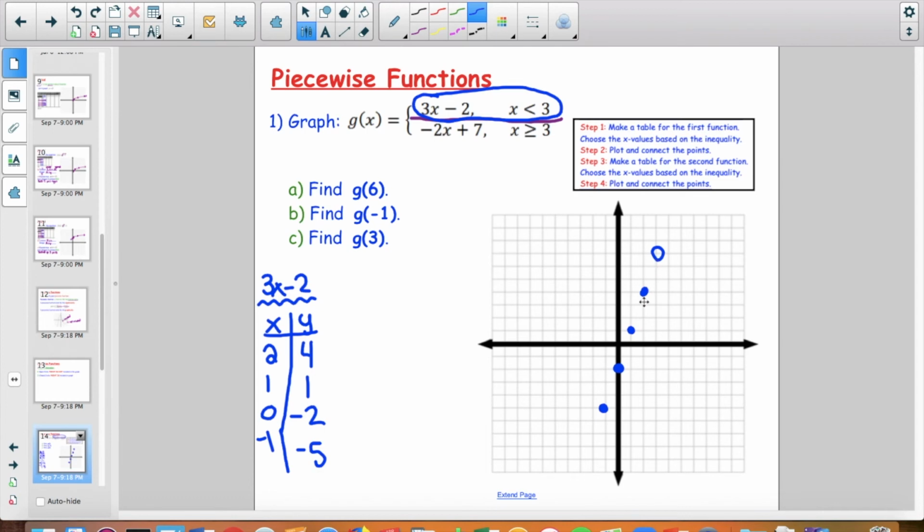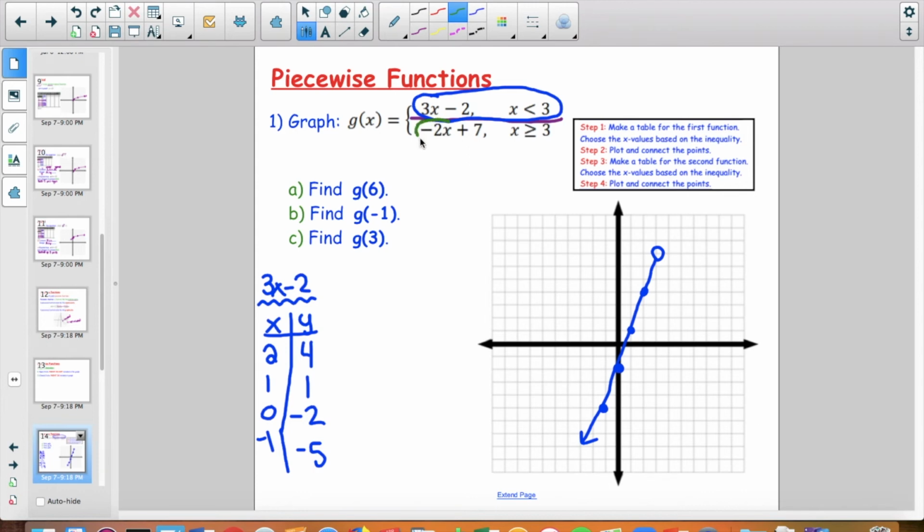But we have to keep in mind that there are values between 2 and 3. So we're only going to draw the arrow on the side of the line where our values lie. So that open circle is for when x is 3. So that is our first graph.